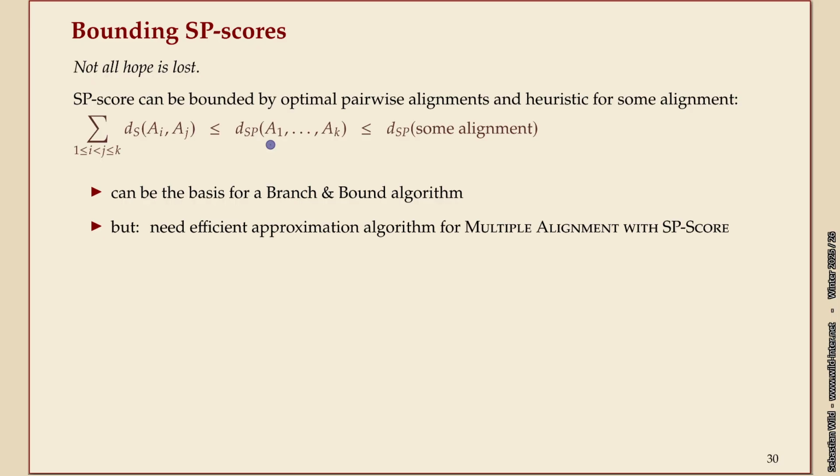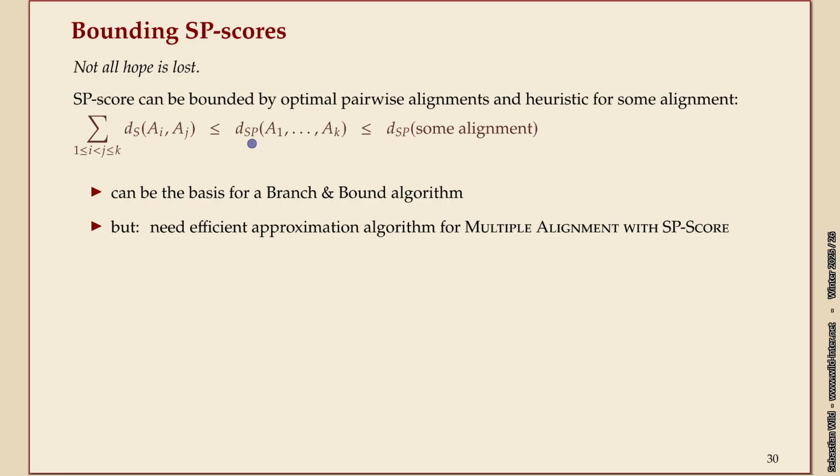Whenever you have a multiple alignment, you can just focus on two rows and forget about the rest. That is a valid alignment of these two strings, and it will have some score evaluated with the pairwise score. It may not be the optimal alignment if you just focus on these two strings, because you were constrained by matching all the other strings at the same time. But it is some score.